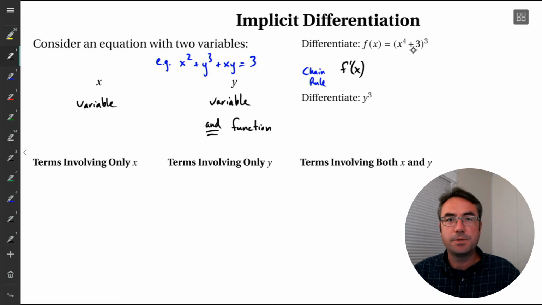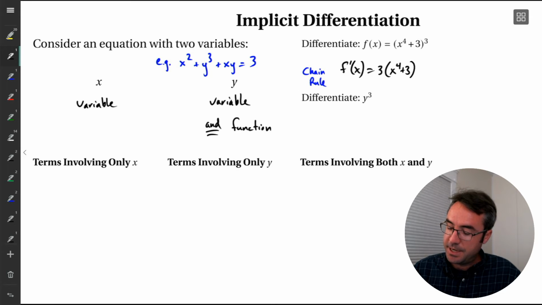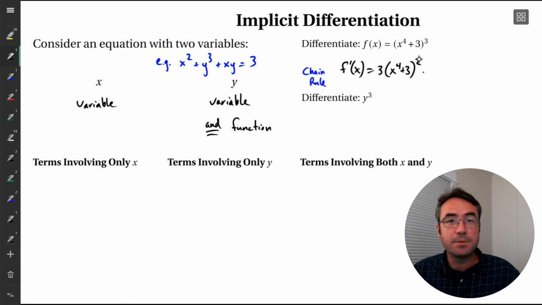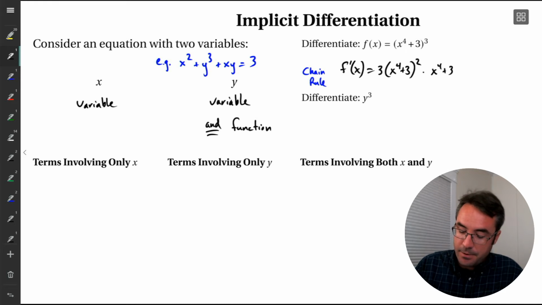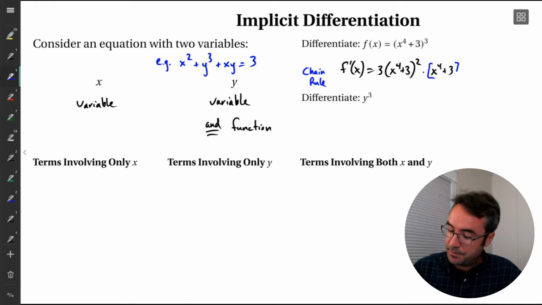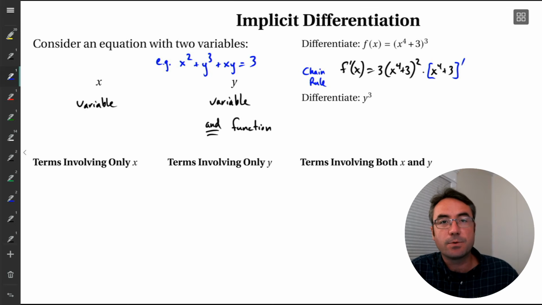Well, this is a power function, so we'd start by differentiating the outer function. So bring the 3 down, keep our inner function the same, subtract 1 from the exponent, and then we take the term that's inside and multiply by its derivative. So we take that x to the fourth plus 3, and then we just multiply by its derivative. So this is what chain rule says.